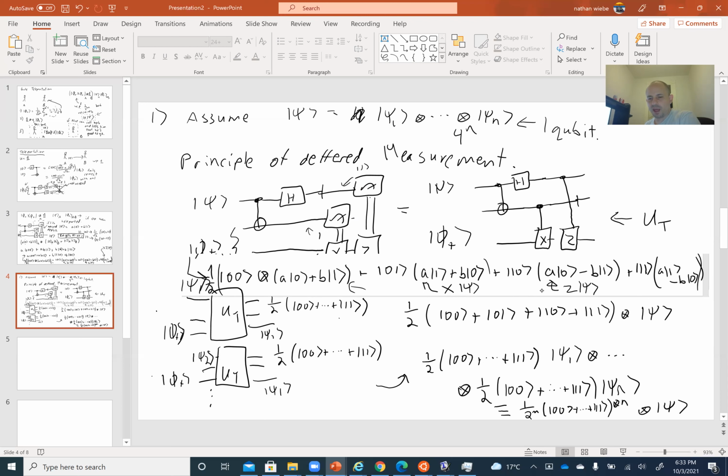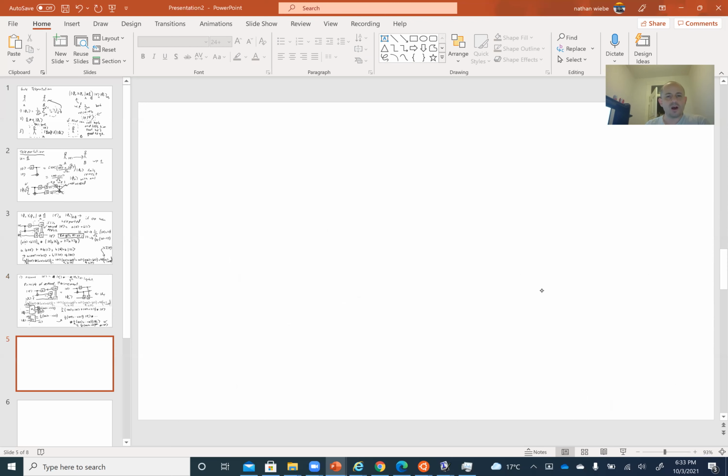But this is equal to the version where the measurement actually occurs. So therefore, when we take a look at the version where each of these is measured, and we apply the correction operation down here, the resulting quantum state that we get out will be exactly the same. It will have teleported the state psi from Alice to Bob. Okay, so that is the first of the two cases that we have to take a look at.